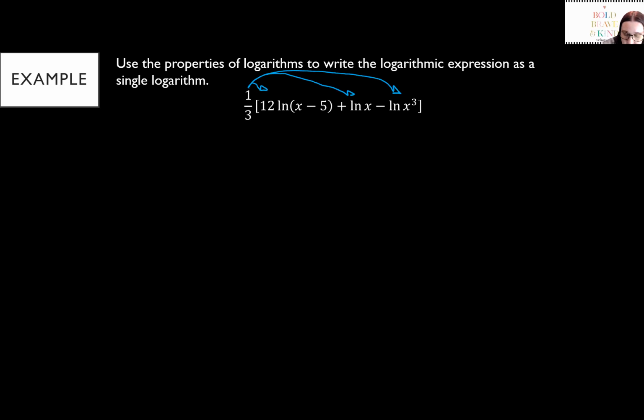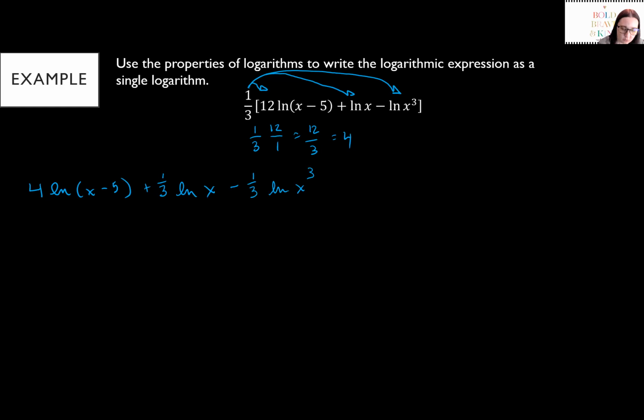So 1/3 times 12 is the same as 1/3 times 12 over 1. That's 12 over 3, which is equal to 4. So this is going to give us 4 times the natural log of x minus 5 plus 1/3 times the natural log of x minus 1/3 times the natural log of x cubed. So I've just distributed that 1/3 through our brackets.